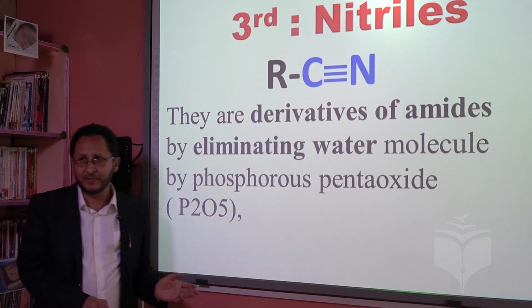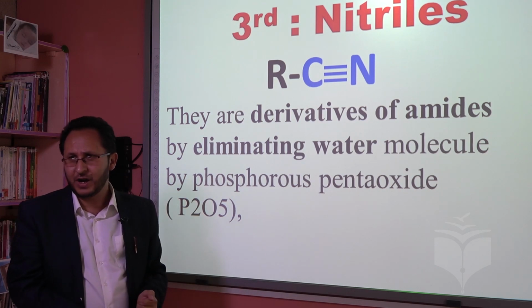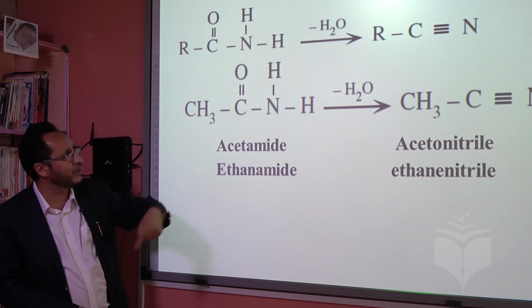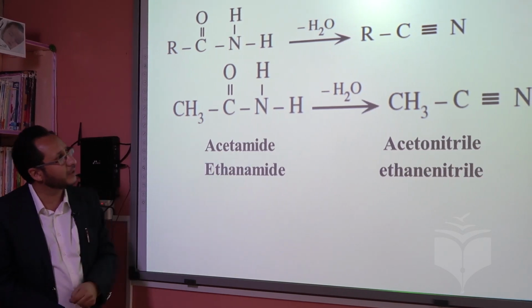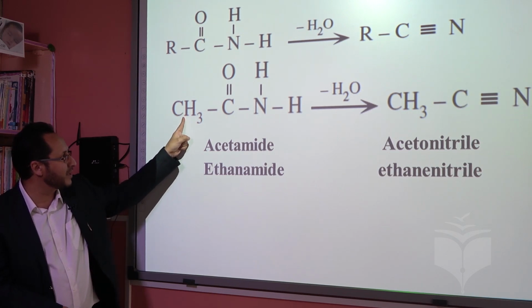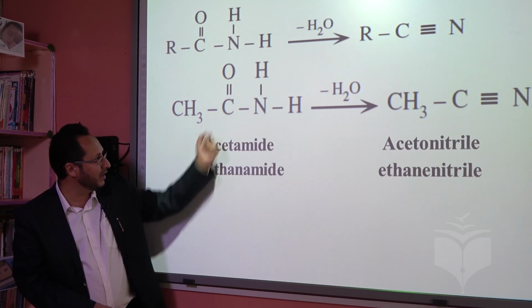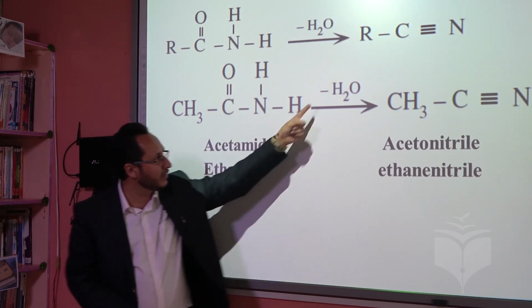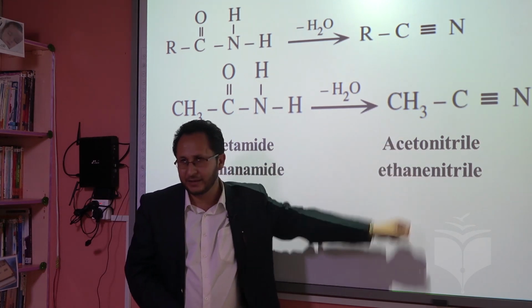So it is the same reaction of amide and preparation of nitrile. RC double bond O NH2, remove 2 hydrogen atoms and an oxygen atom, you will get nitrile. The same example, CH3C double bond O NH2, this one you call acetamide or ethanamide. Remove H2O, you will get the acetonitrile, or you can write ethanenitrile.